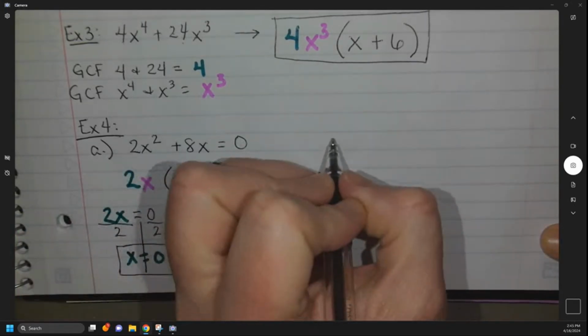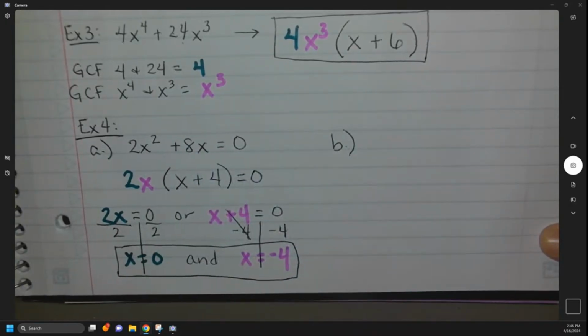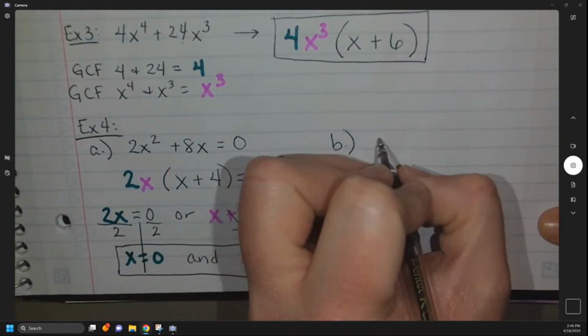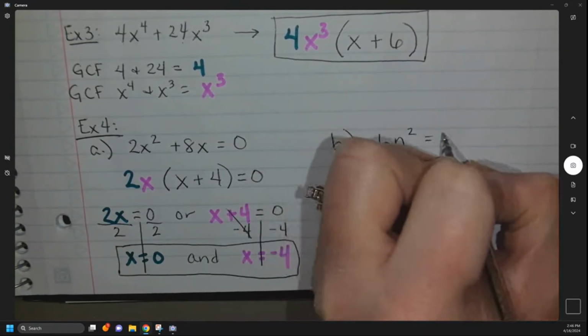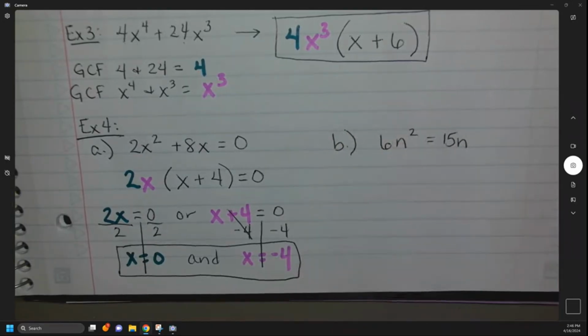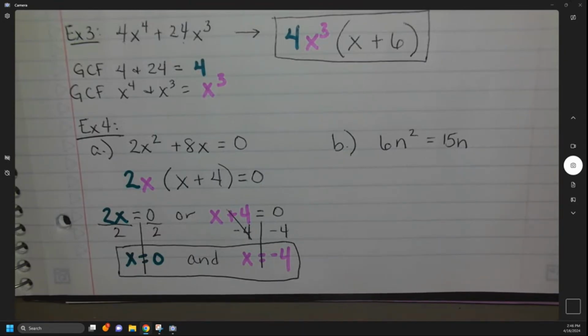And for part B, we have 6n squared equals 15n. Now, in order for me to solve this one the way that we've been doing, I first have to get it so that it is equal to 0.